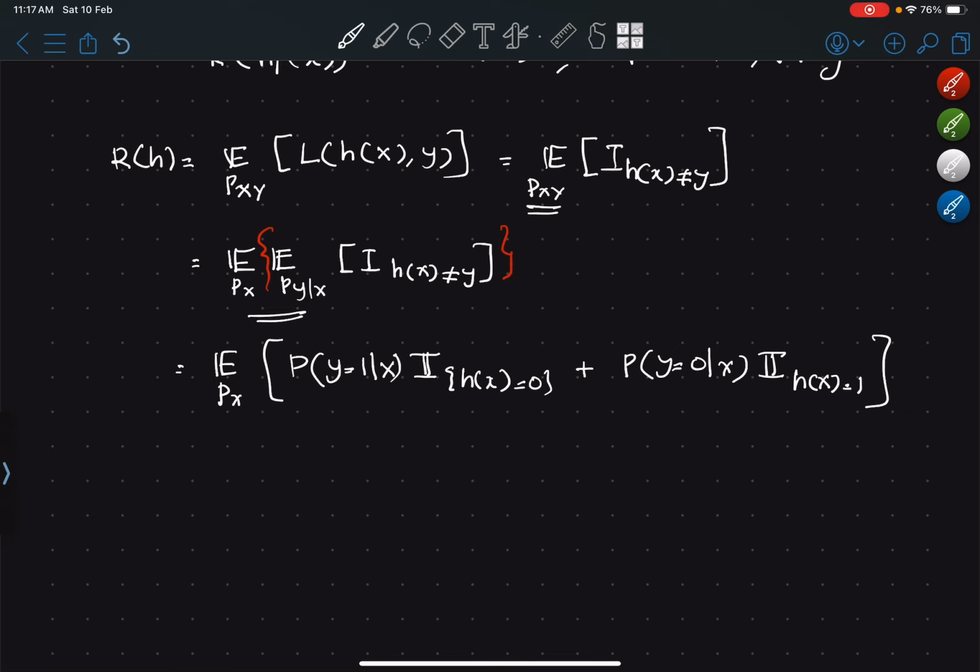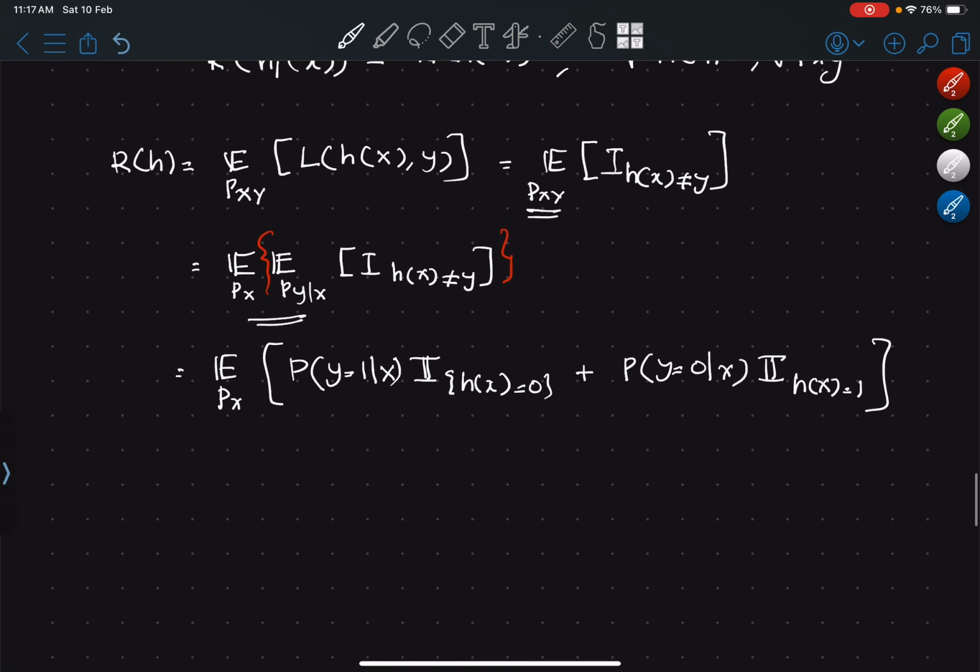I hope this is clear, right? This is how this setting of the risk function looks right now.